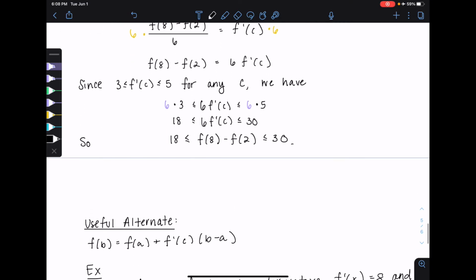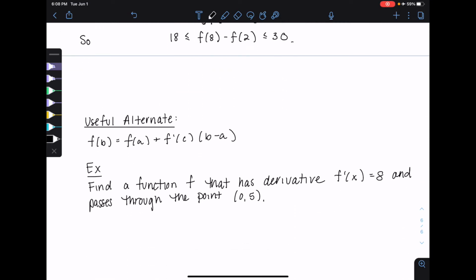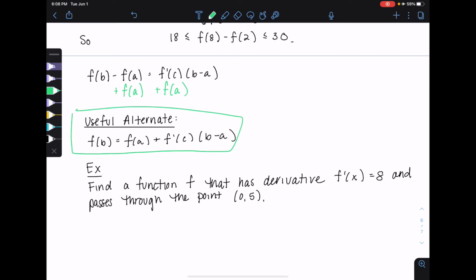All right. Now we have one more useful alternate form. We know f of b minus f of a is the derivative times b minus a. If you just go ahead and add f of a over, you get another form for the mean value theorem.